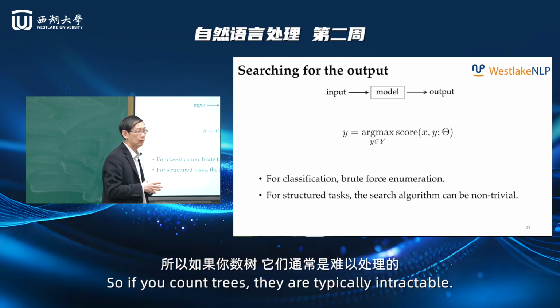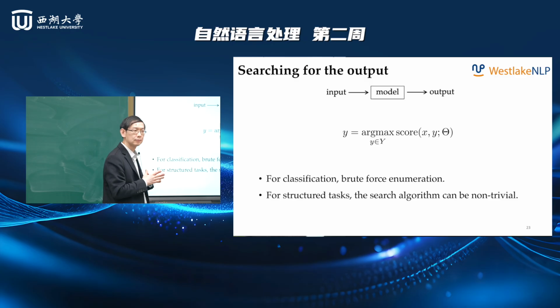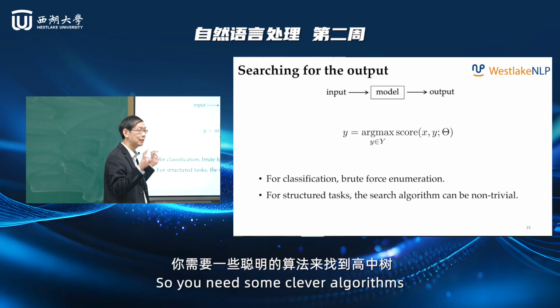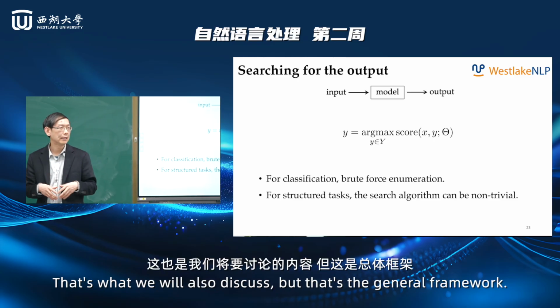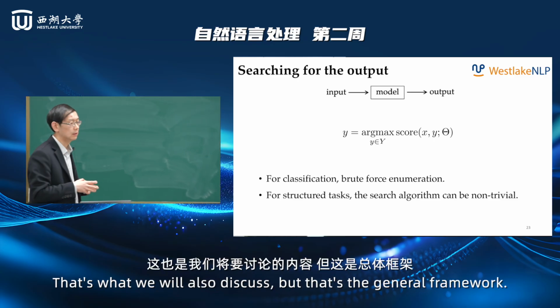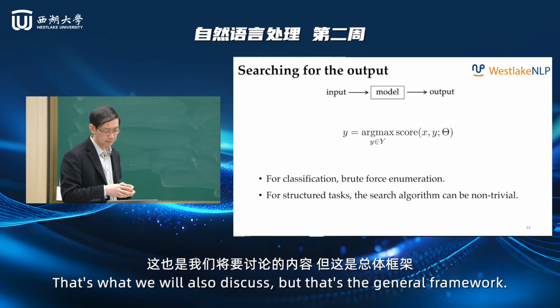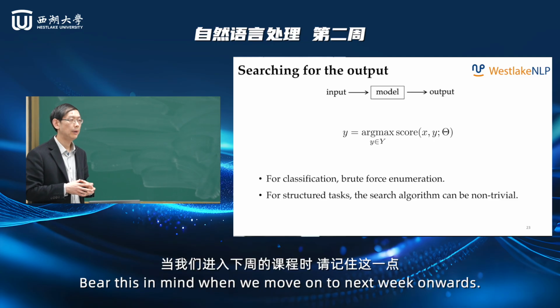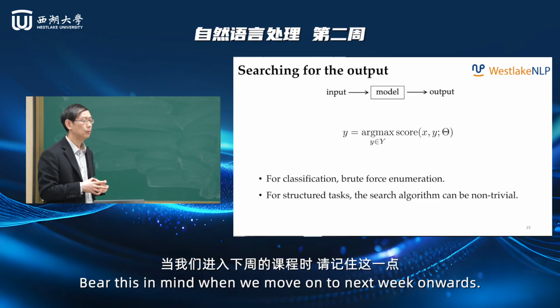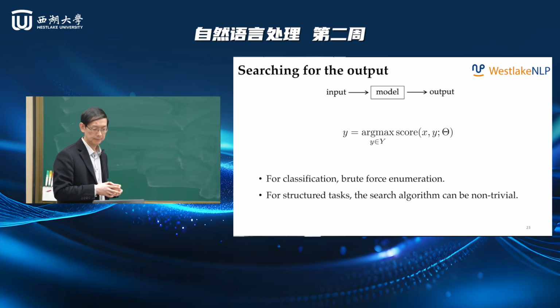So if you count trees, they are typically intractable. So you need some clever algorithms to be able to find the highest scoring tree for structured prediction. And that's what we will also discuss. But that's the general framework. Bear this in mind when we move on to next week onwards.